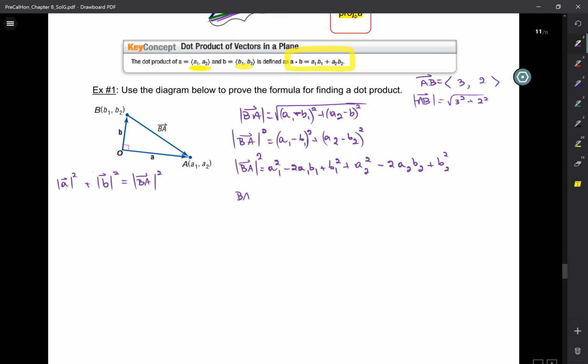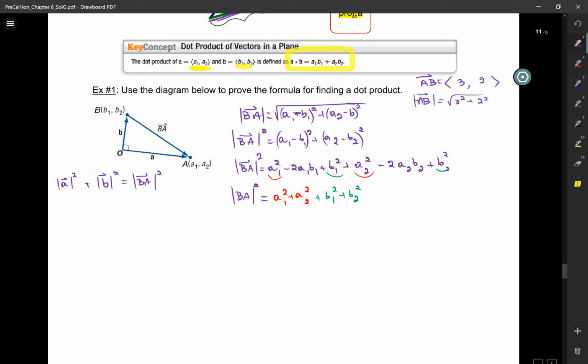Now, look at this. A1 squared plus A2 squared. I'm just going to write them next to each other. And I'm going to do the same for B1 squared plus B2 squared.